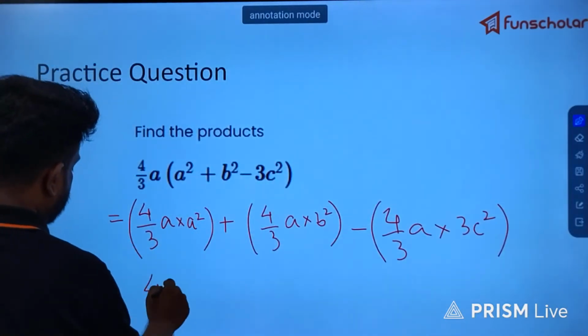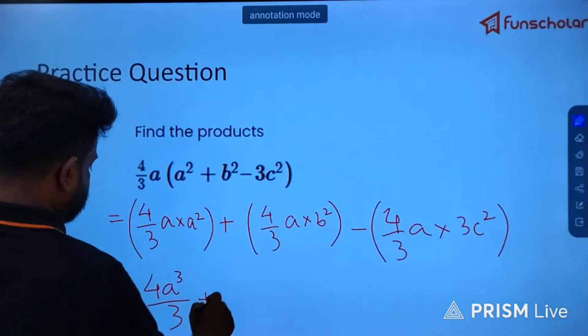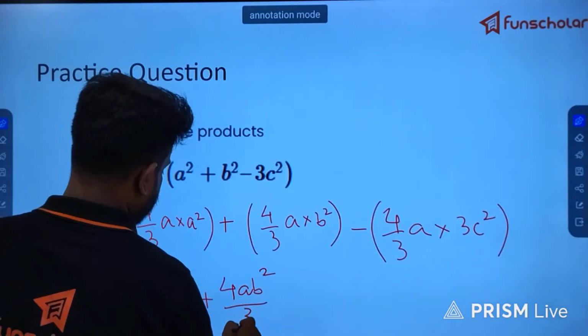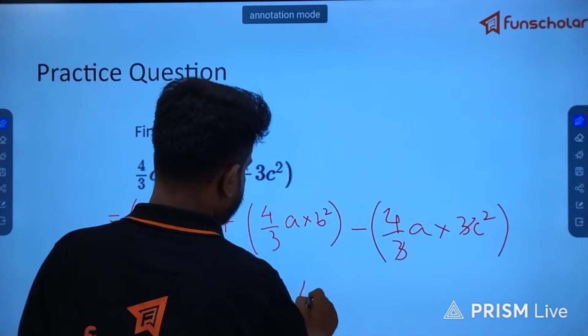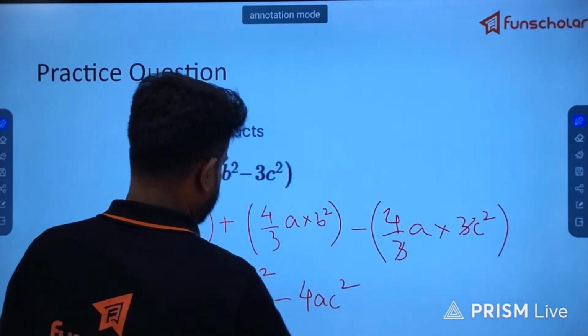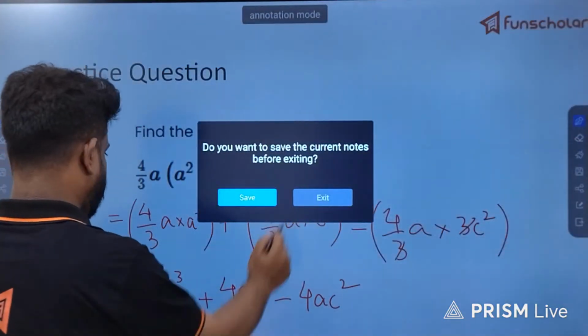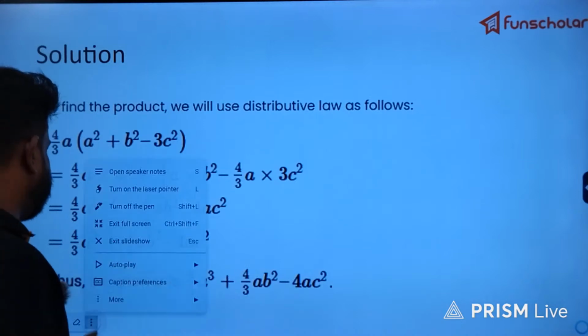The first one will be 4a cube by 3 plus 4ab square by 3 minus 3 and 3 will get eliminated and it will be 4ac square. Okay, done. Yes, it's same as this.